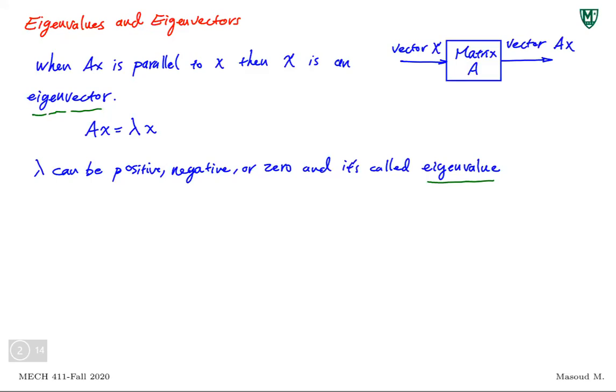So the idea is that we have some matrix A and a vector x. When vector x multiplies matrix A, and the output vector Ax is parallel to x, then x is an eigenvector.